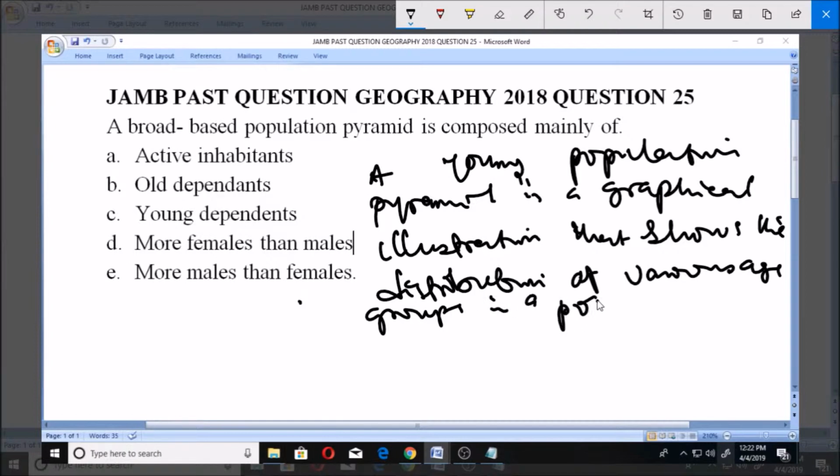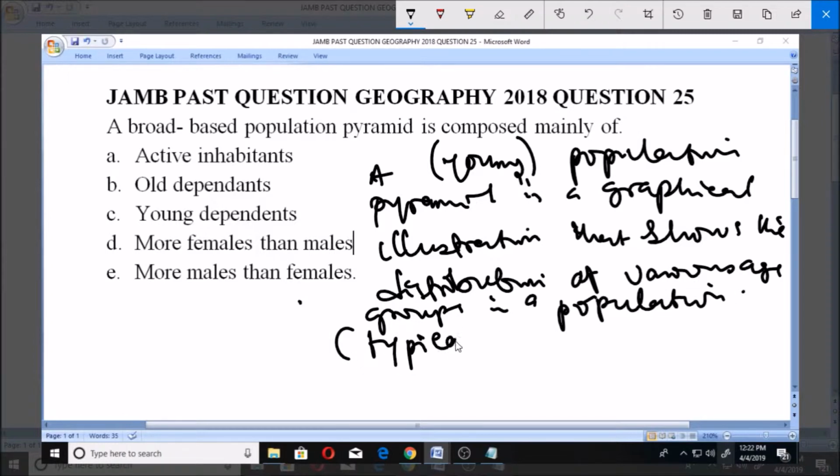That is what a population pyramid is. A population pyramid shows the graphical illustration of the distribution of various age groups in a population.